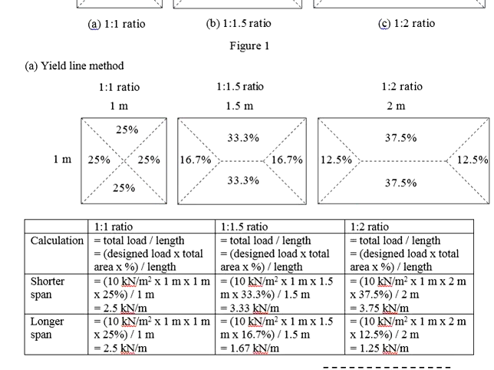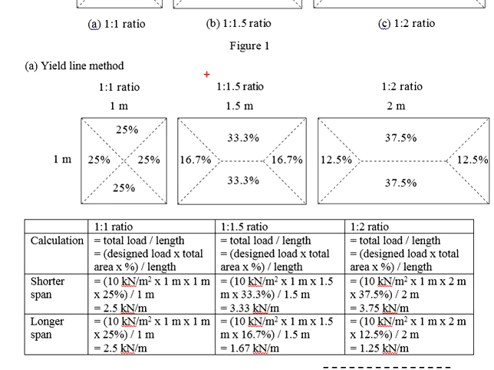The inclined lines shall meet each other at different locations, depending on the aspect ratio of the slab. If the aspect ratio is 1:1 here, this shall be the U-line.